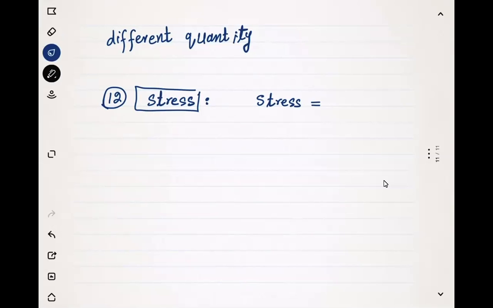So generally, force over area is pressure. However, when we extend or compress something, then the force acting on a unit area, distribution of force according to area, is called stress. So from here you can see that the unit of stress will be Newton per meter square. That is also called Pascal.